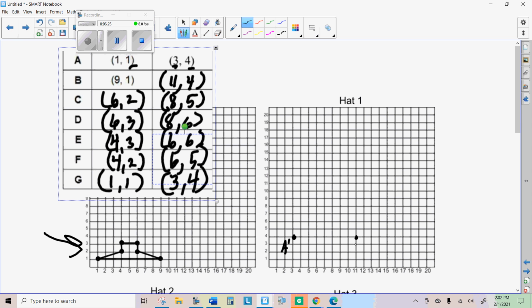Then B is 11,4, the image of B. The image of C is 8,5. The image of D is 8,6.